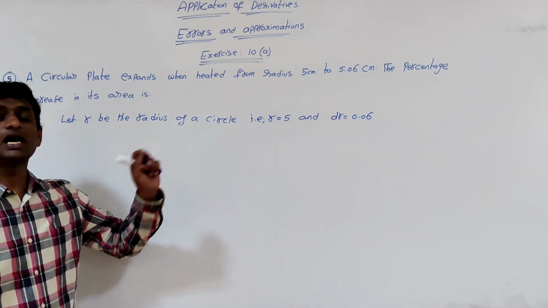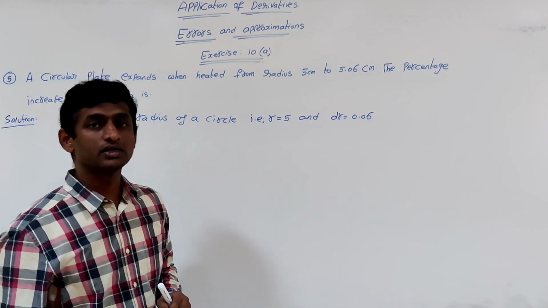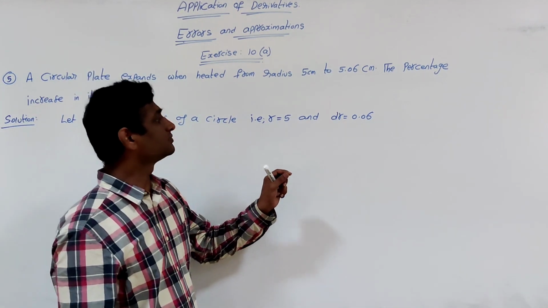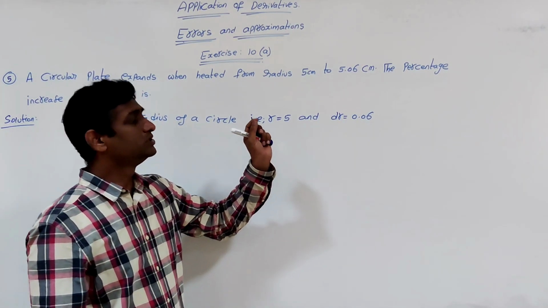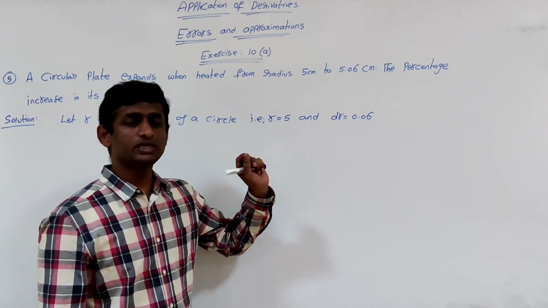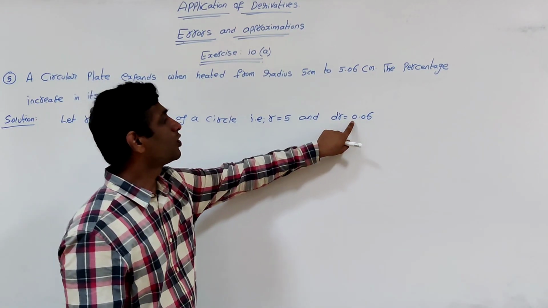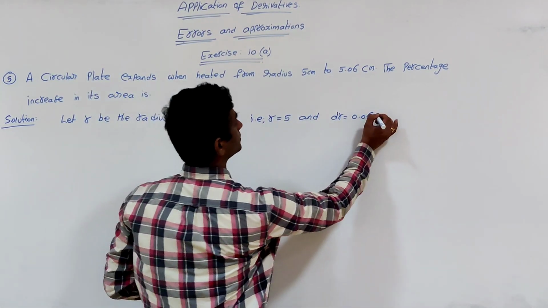Means r plus delta r is 5.06, as given. From that, delta r is 0.06. 5.06 minus 5 gives the change in the radius, that is 0.06 centimeters.